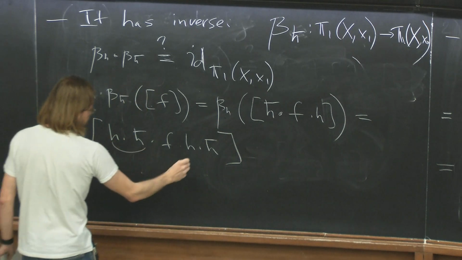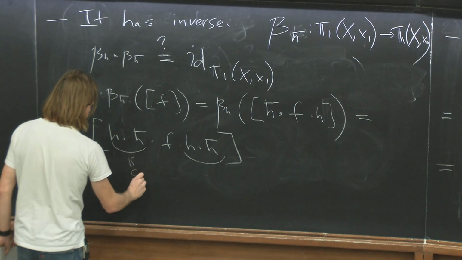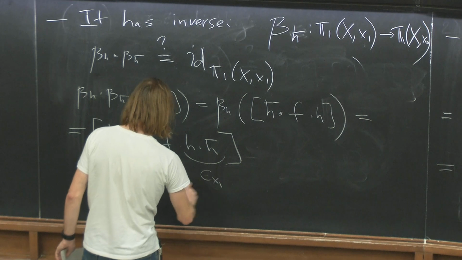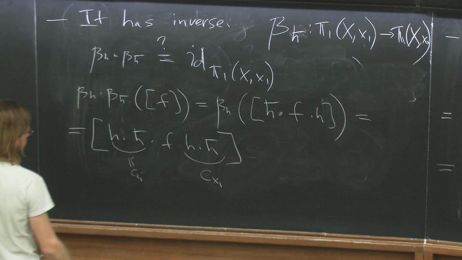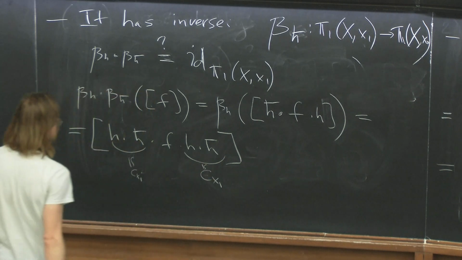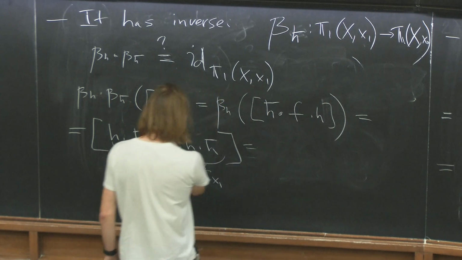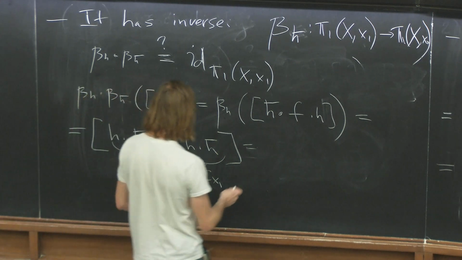But these pairs are homotopic to constant paths at x1, and their classes are identities in the fundamental group.